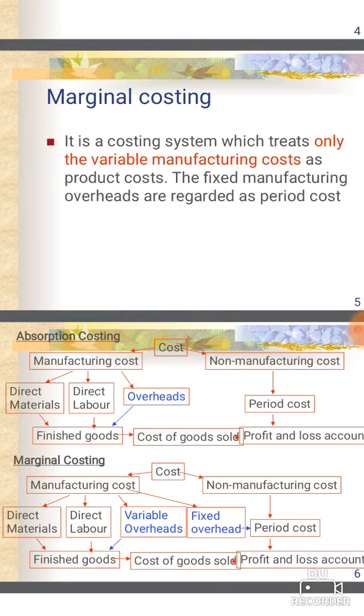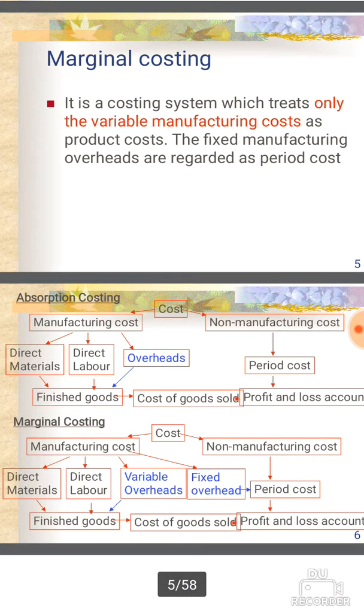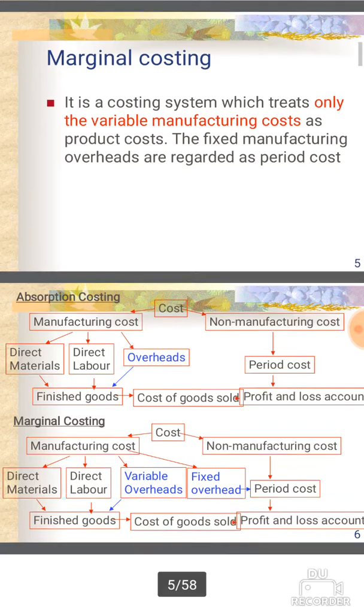After the direct material, direct labor and overheads come finished goods and cost of goods sold. In marginal costing, manufacturing cost includes direct material, direct labor, variable overheads, fixed overheads, finished goods, cost of goods sold, then the profit and loss account comes.